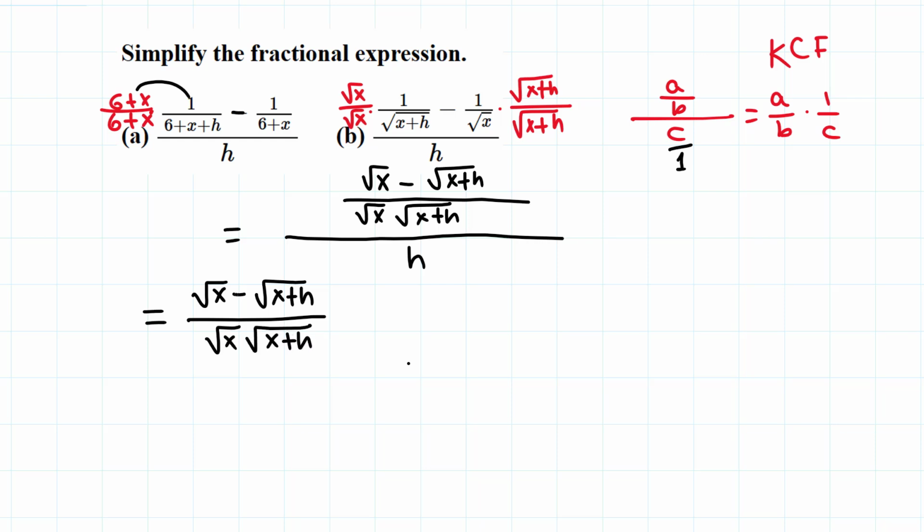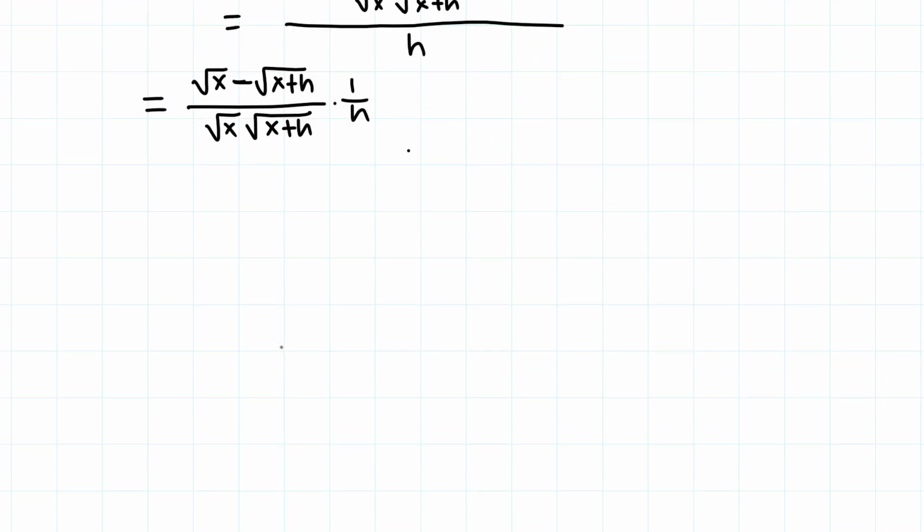Do not cancel, there is a minus sign. Times, division becomes multiplication, this h is h over 1, so we can write 1 over h. We are not done, unfortunately. We want to cancel h here, and that can be done. Look, there is a minus, and this h is times the whole thing.